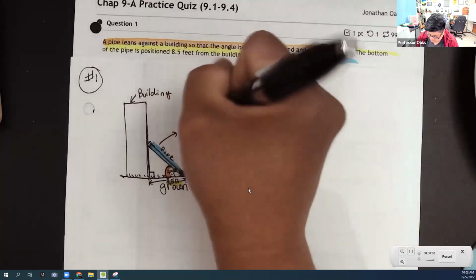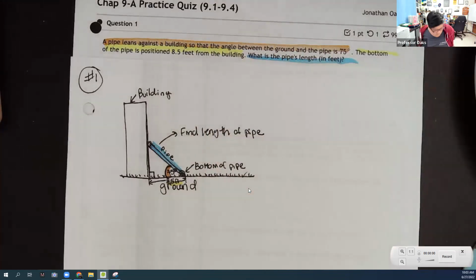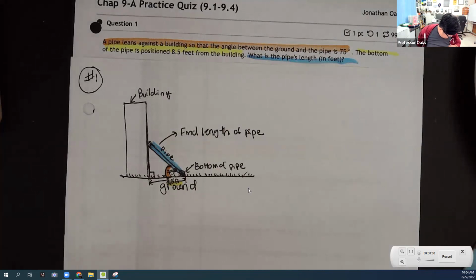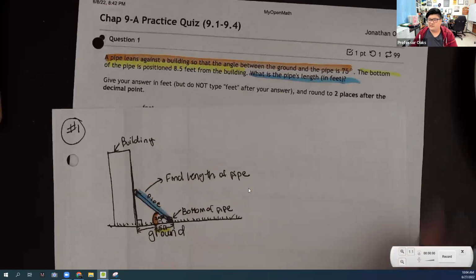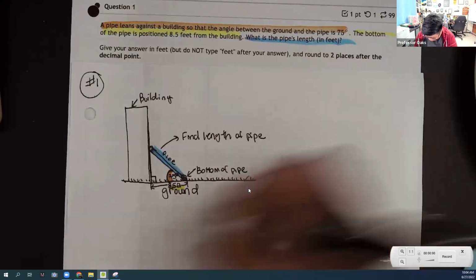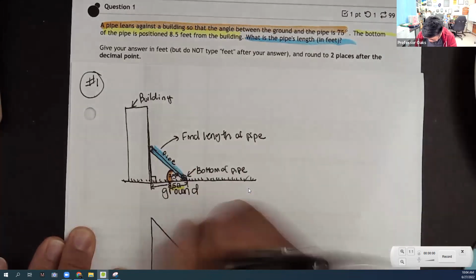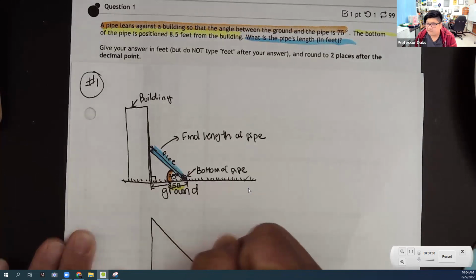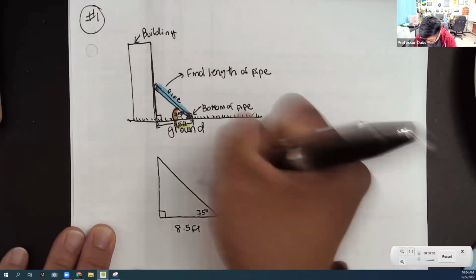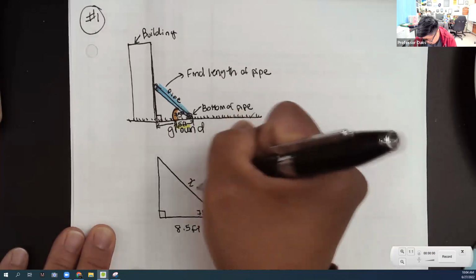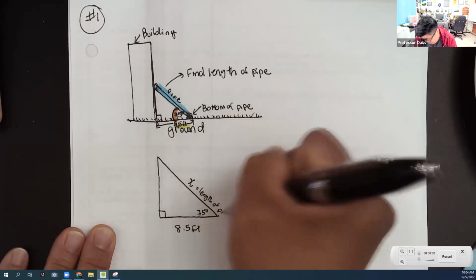What is going on here is actually the same thing that has been happening in a previous chapter, because they're just really looking at this triangle right there and saying that this is 8.5 feet and that this is 75 degrees. And then this is X because you want to know the missing length of the pipe.